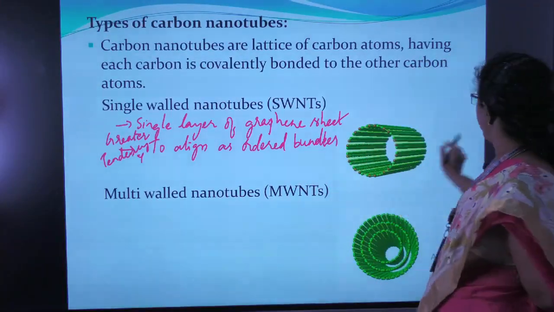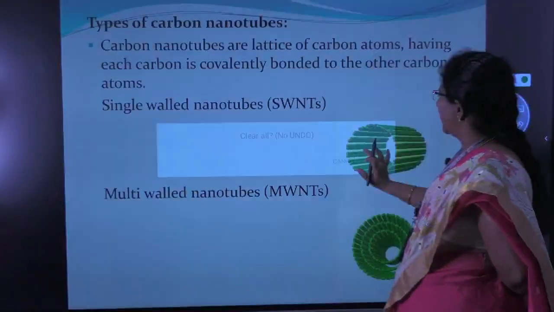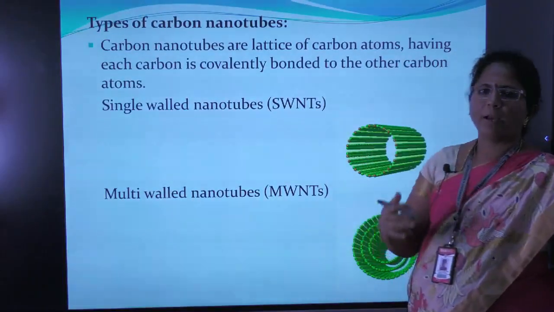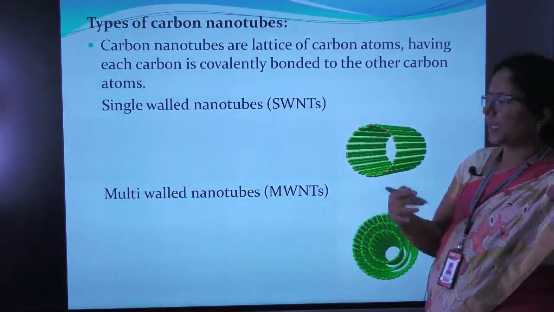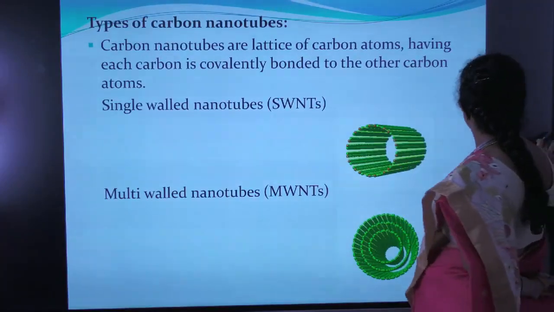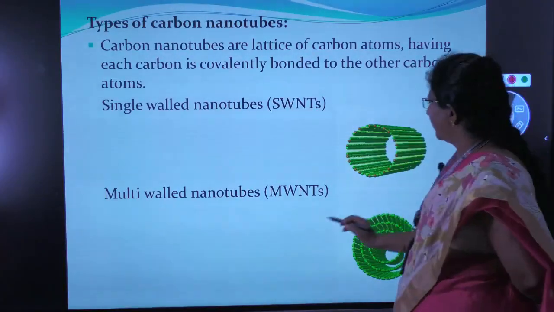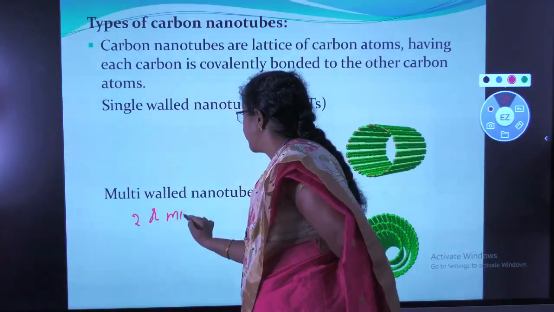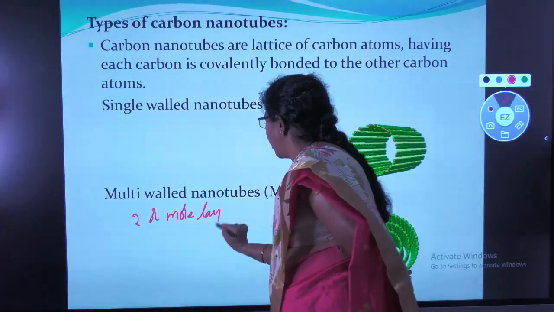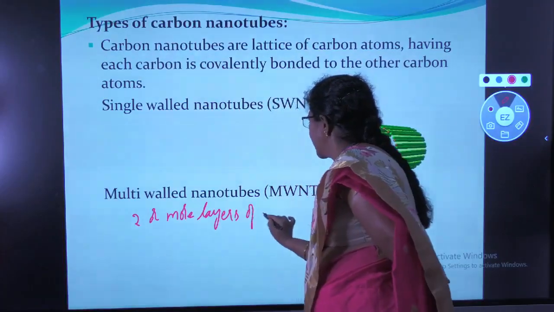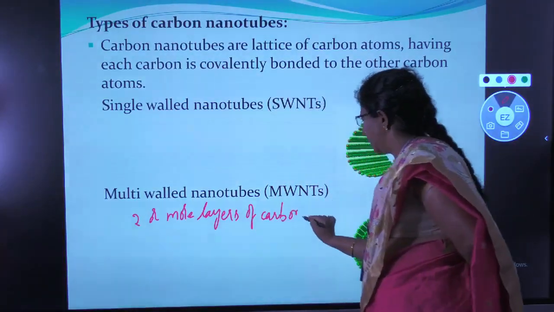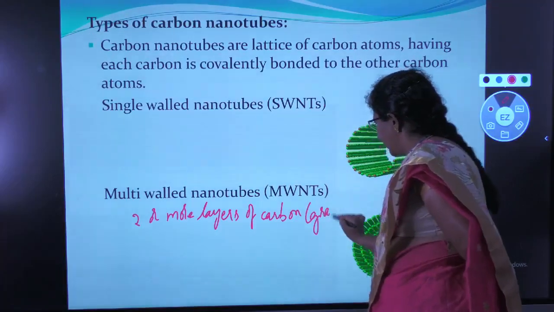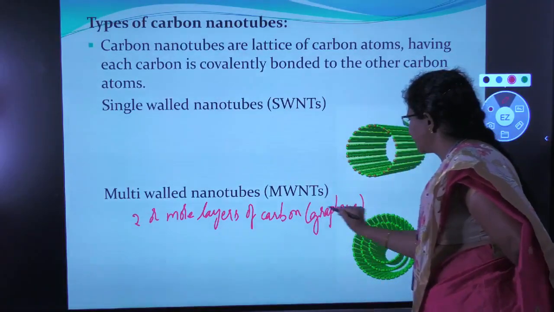And multi-walled carbon nanotubes. These multi-walled carbon nanotubes are formed by rolling the graphene 2 to 3 times or more. That means this contains 2 or more layers of carbon, that means graphene sheet.